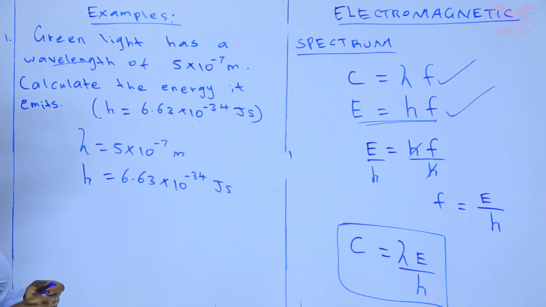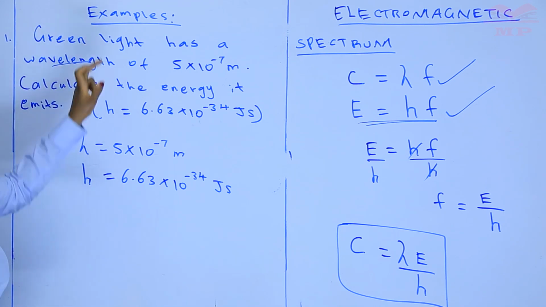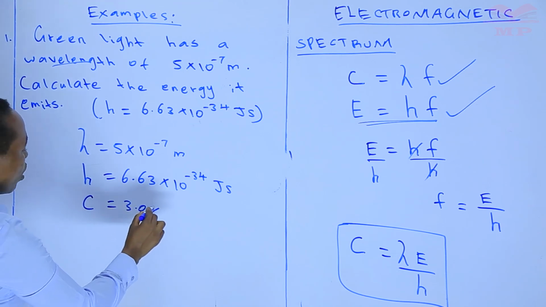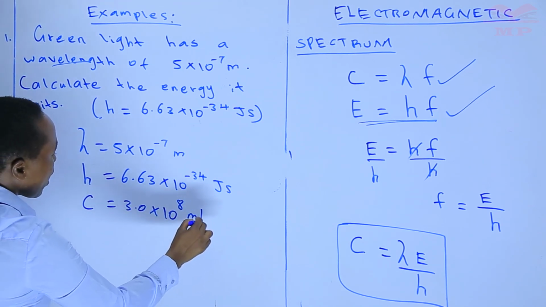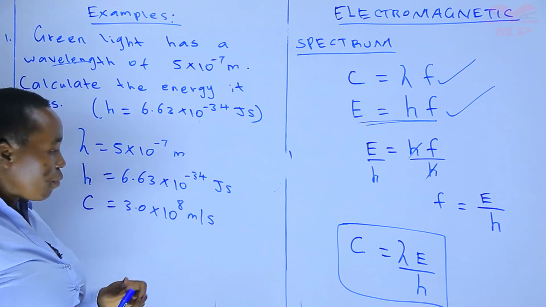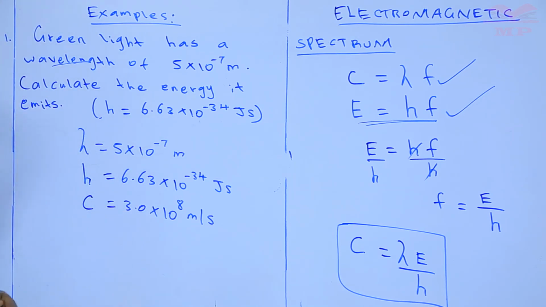And therefore, the speed of green light is the speed of light, c, which is 3.0 times 10 power 8 meters per second. So you may not be given the value here, but you know that green light is an electromagnetic wave, and electromagnetic waves travel at the speed of light, which is 3 times 10 power 8 meters per second.